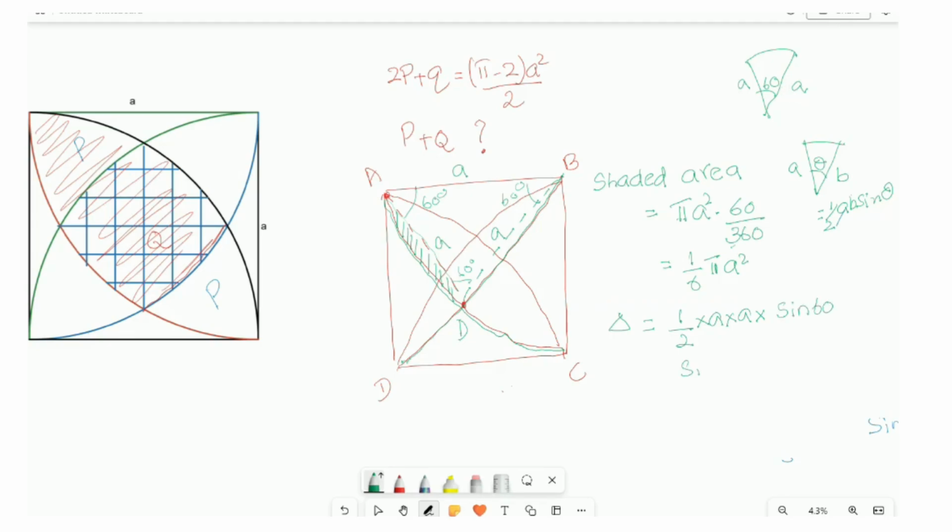We know that sine 60 is square root of 3 divided by 2. Therefore, the triangle area is half times A square times square root of 3 divided by 2, which is equal to square root of 3 A square divided by 4.